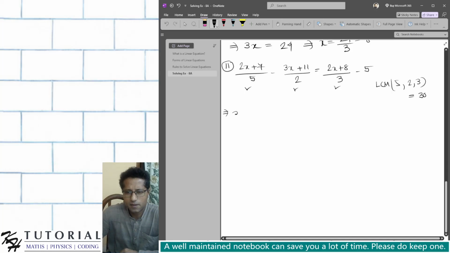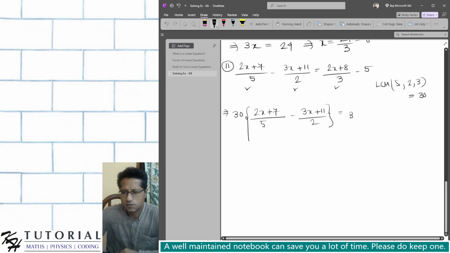So we multiply both sides. The LHS is 2x plus 7 by 5 minus 3x plus 11 by 2 equals to, the RHS is 2x plus 8 by 3 minus 5.